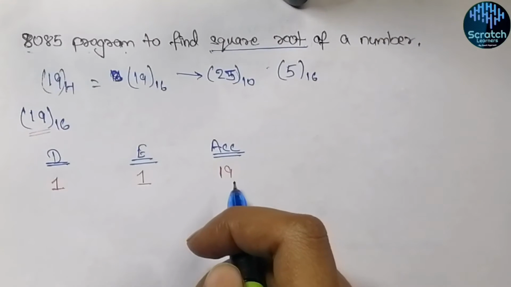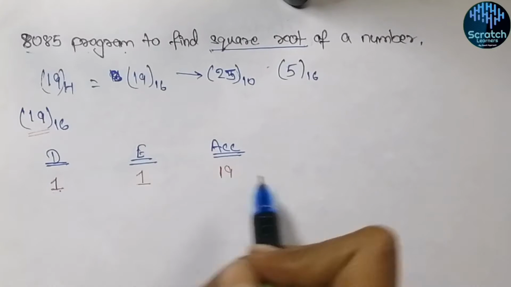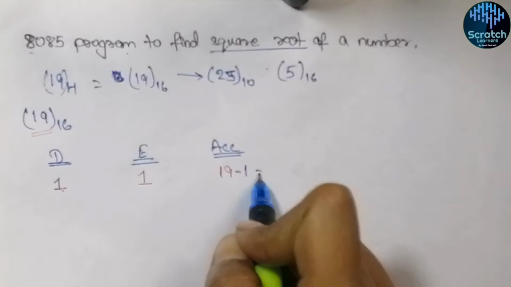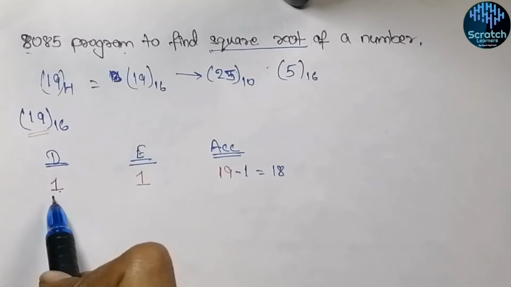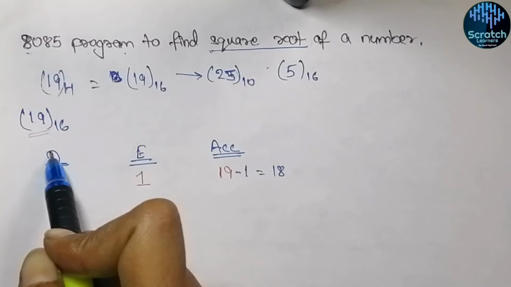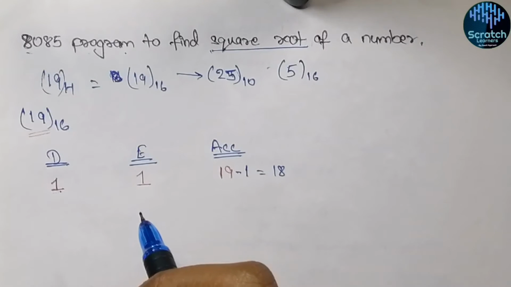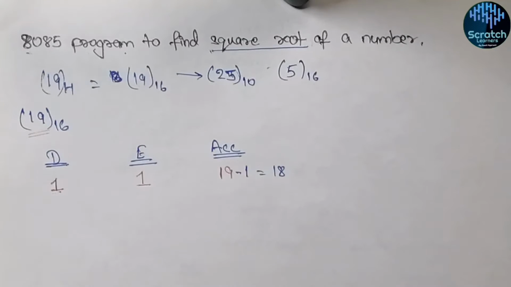First of all we need to subtract the content of D from the accumulator. So 19 minus 1 is equal to 18, right? Now we will increment the content of D by 2. This D register will contain the odd numbers, and we know that odd numbers are at a distance of 2 units.